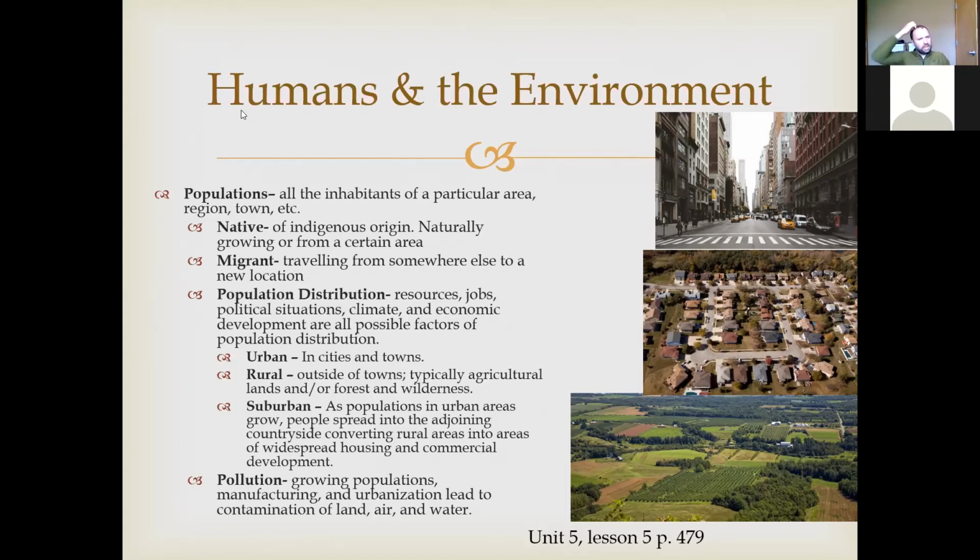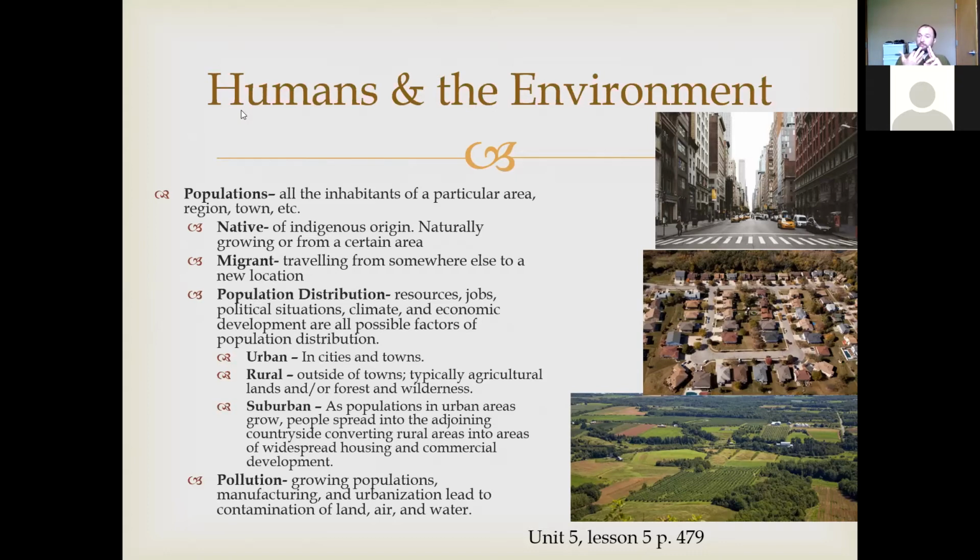Okay. So as it pertains to populations of people, we use terms like native population or migrant population. In the case of native populations, these are people that are indigenous to that area.